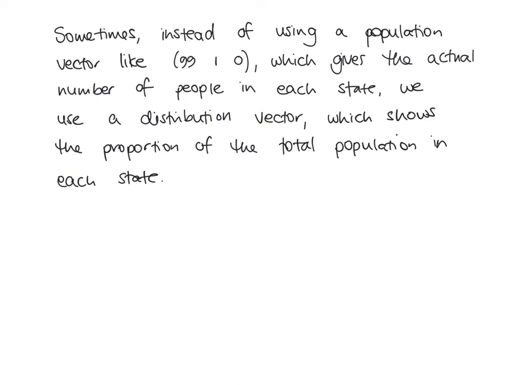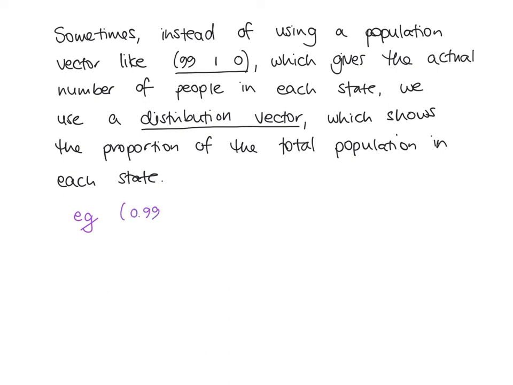Sometimes it turns out not to be particularly useful to use a population vector, like the 99, 1, and 0 that we started with. Instead, we use what's called a distribution vector, which shows the proportion of the total population in each state. So, for example, we could express our population of 99, 1, 0 as 0.99.